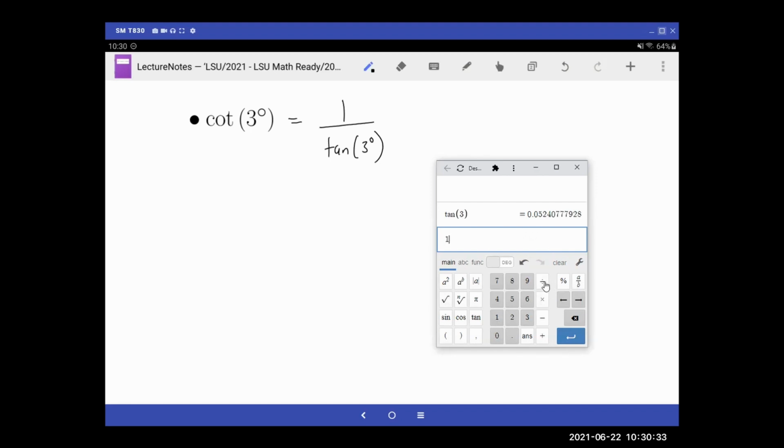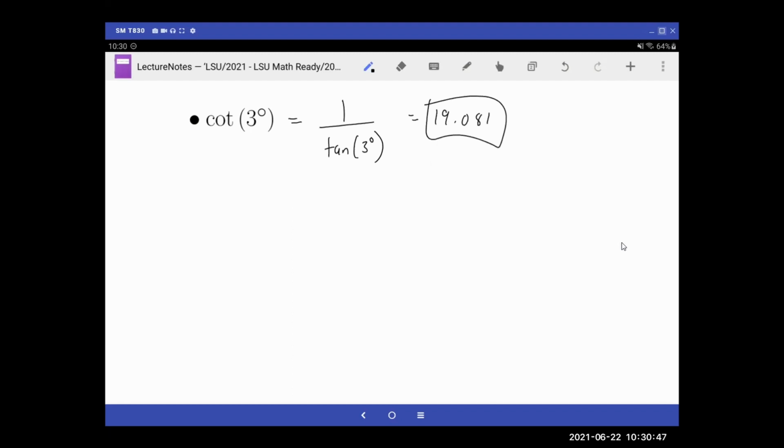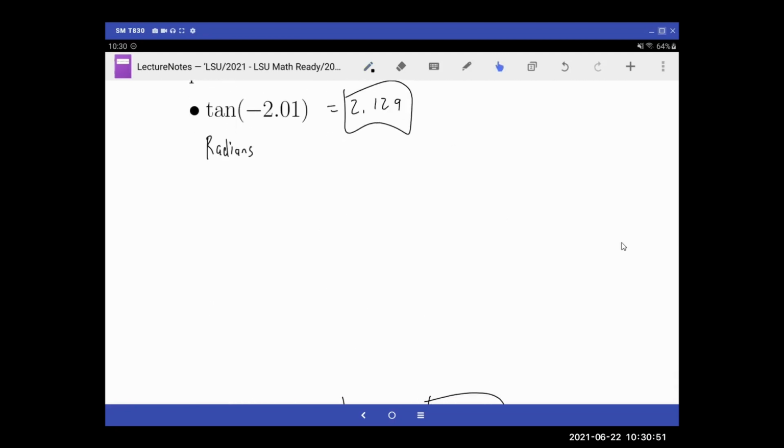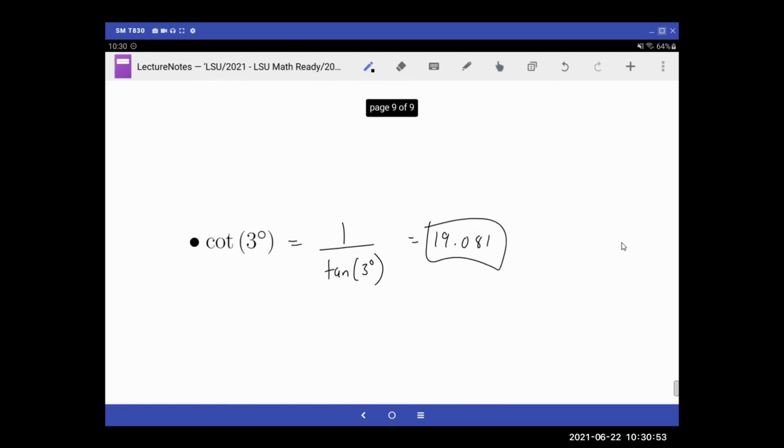You could just do 1 divided by tangent of 3. There you go. That gives me 19.081. Okay, so just be careful. That's the whole point of this, right? Be careful. There you have radians. Here you have degrees. All right, that'll do it for this section.